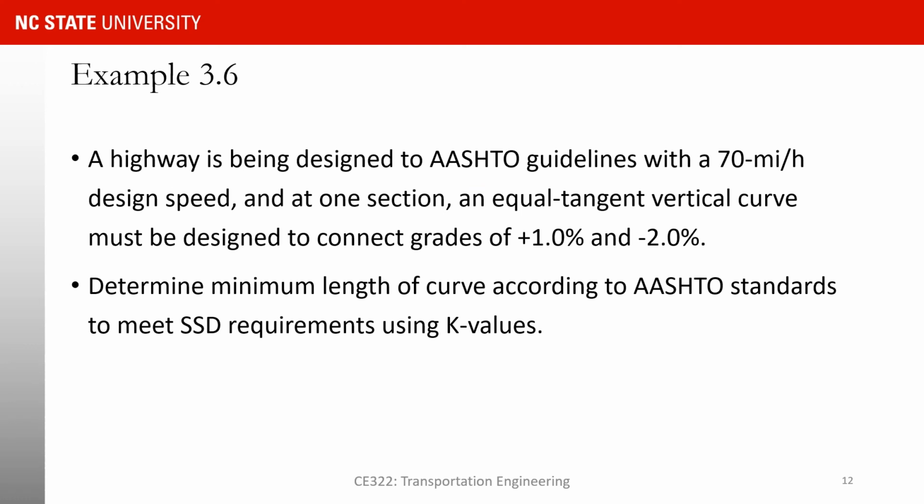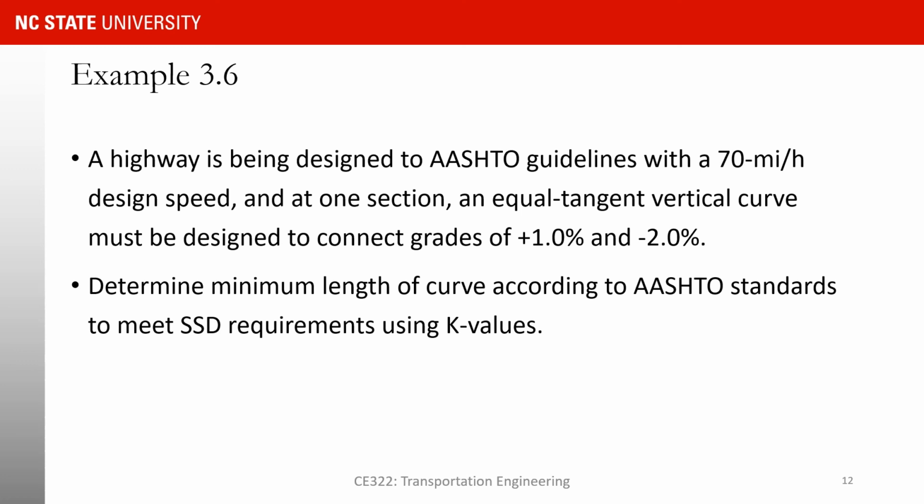So we have another example that I want to go through. This is example 3.6 from the book. We have a highway that is being designed to AASHTO guidelines. The design speed is 70 miles per hour. We have an equal tangent vertical curve.